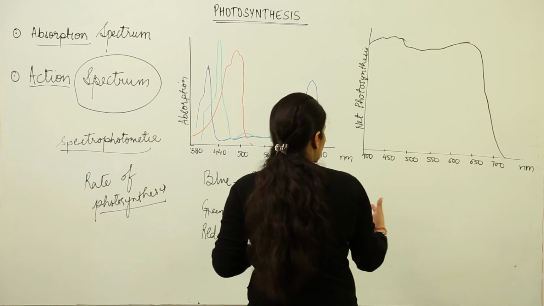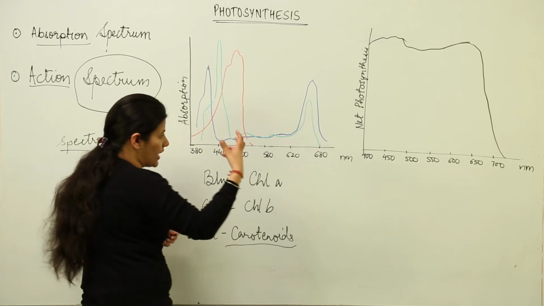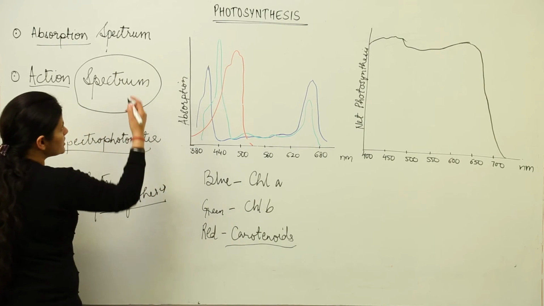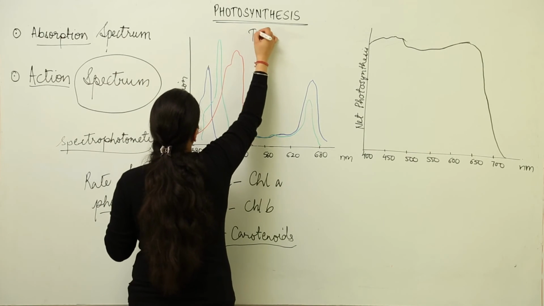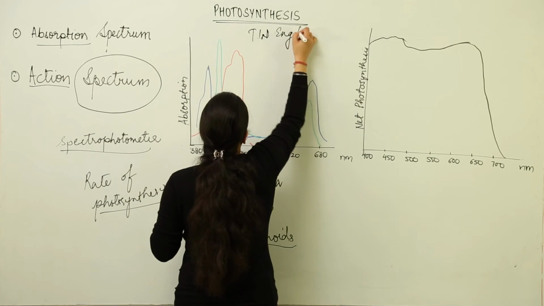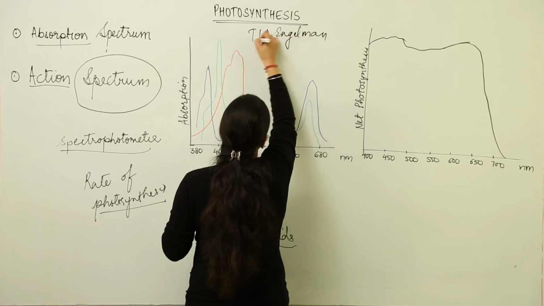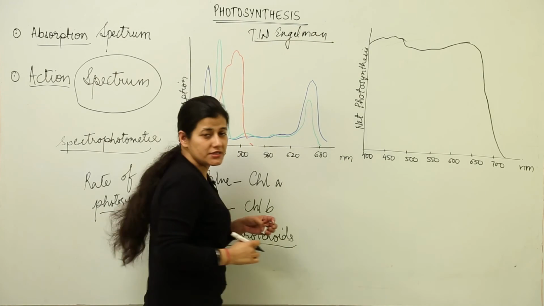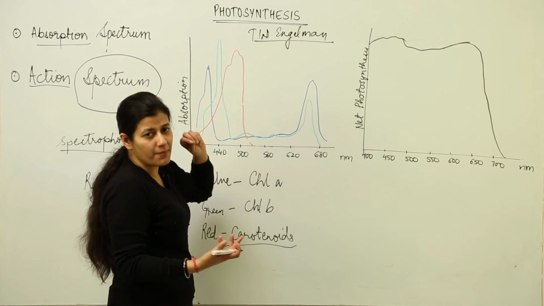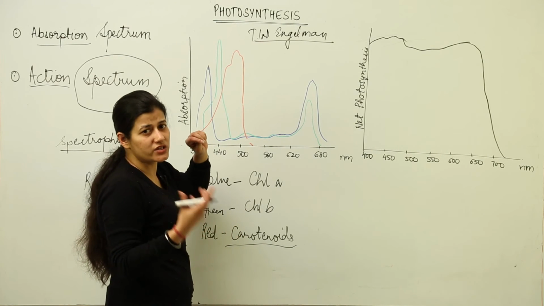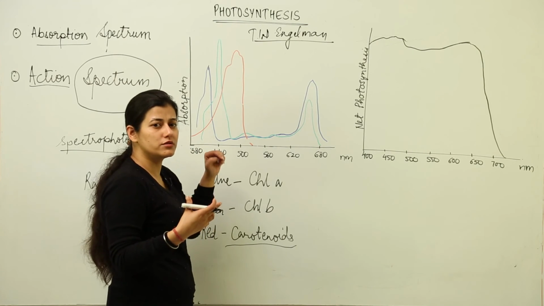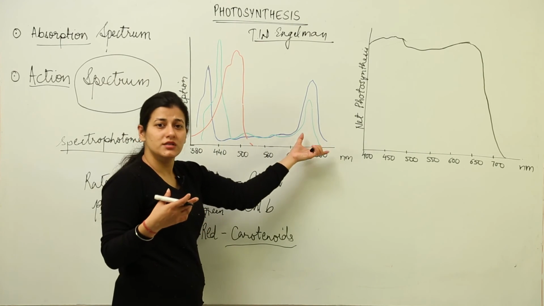Who came up with the idea of this action spectrum and how was it experimentally proven? There was a scientist known as T.W. Engelmann. You have to remember his name. He is responsible for telling us experimentally that the action spectrum actually exists, that the rate of photosynthesis corresponds to this action spectrum.